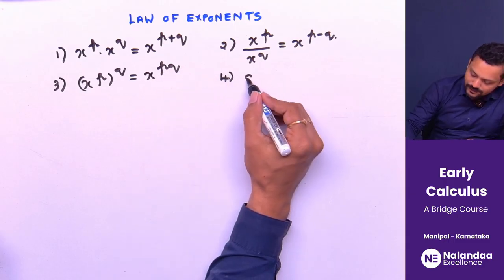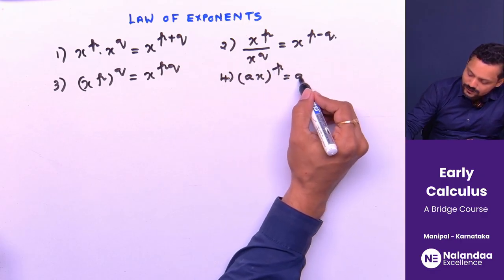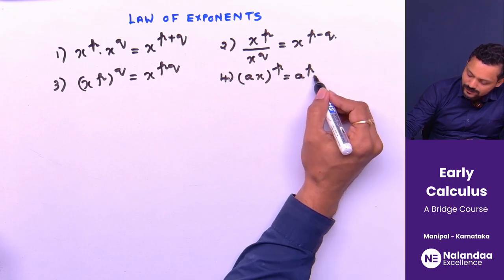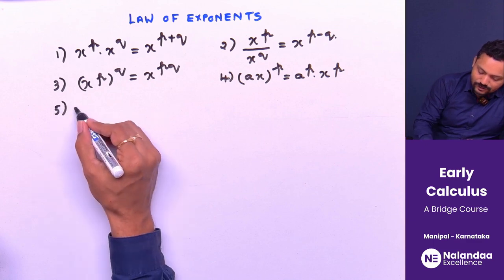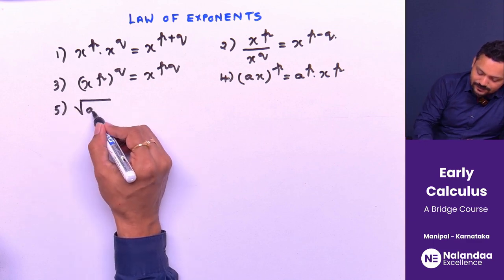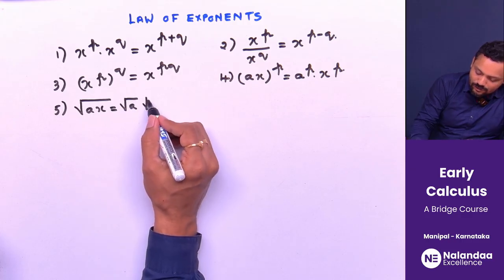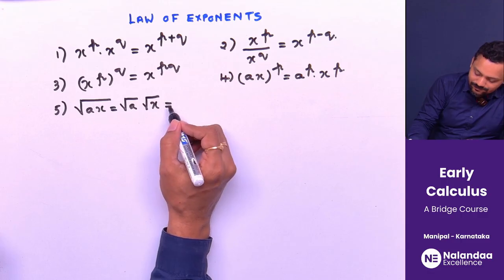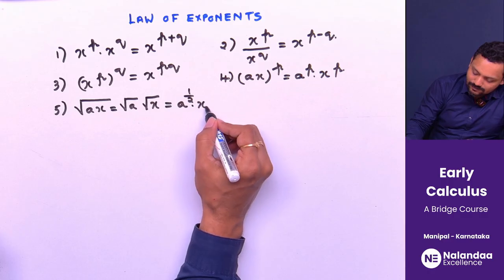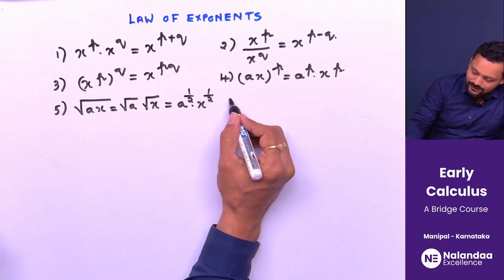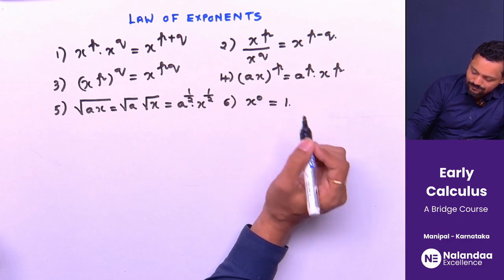Fourth one, ax whole power p is equal to a power p into x power p. Fifth one, square root of ax can be written as square root of a into square root of x, which can be further written as a power half into x power half. And the sixth one, x power 0 is equal to 1.